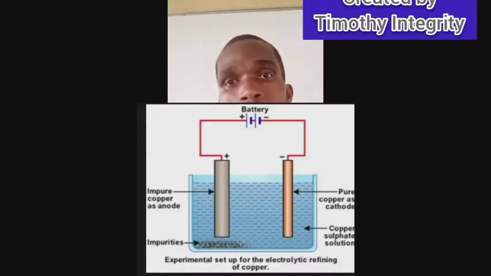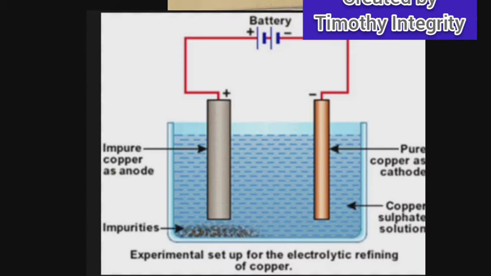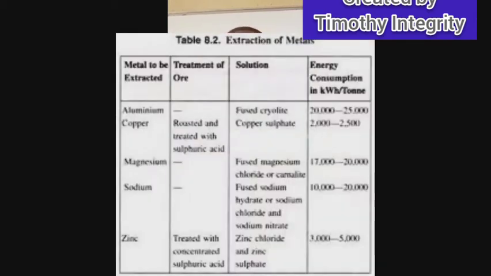For instance, when you want to purify copper, you make the pure copper the cathode, the impure copper is placed at the anode, whereas you use copper(II) tetraoxosulfate(VI) solution as the electrolyte. Electrolysis is also employed during the extraction of highly electropositive metals such as sodium, potassium, calcium, and aluminium.